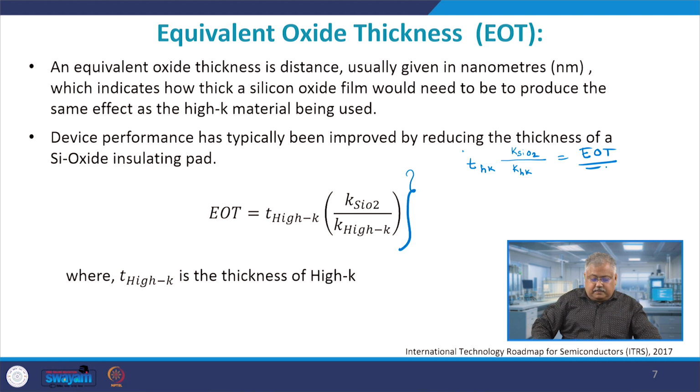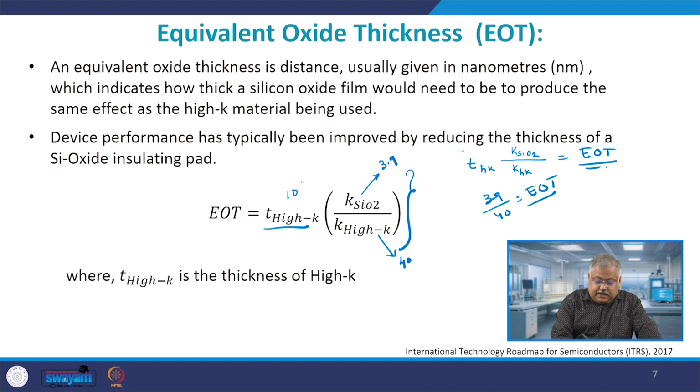For example, let me give an example, say K of silicon dioxide is known to me and K of the high-K dielectric is also known. This is 3.9, let us suppose, and this is 40, and if the high-K material is, say, 10, then 3.9 by 40 happens to be EOT here, right.